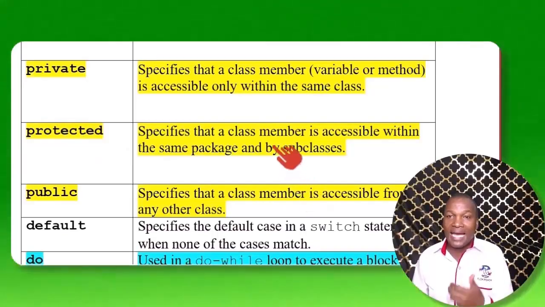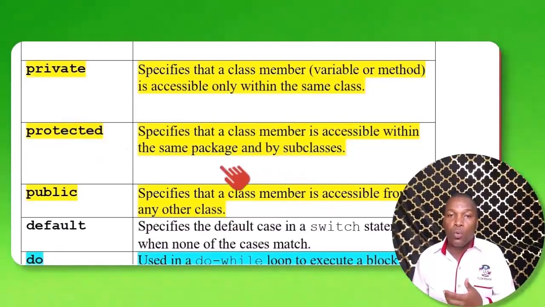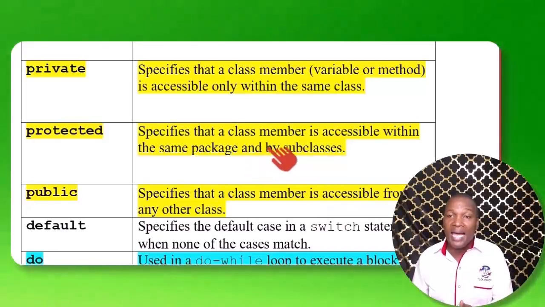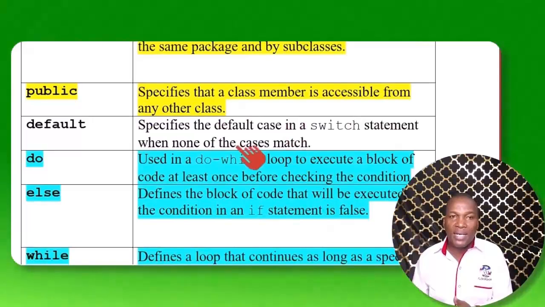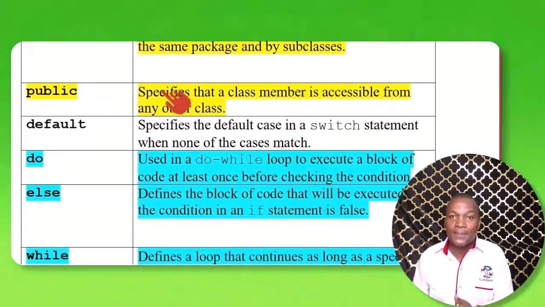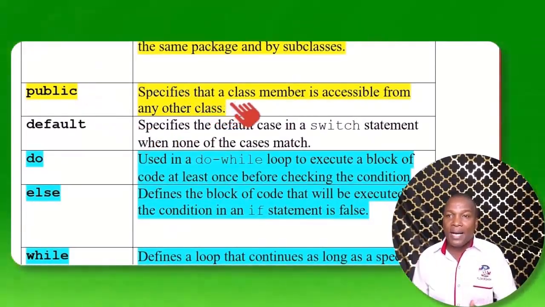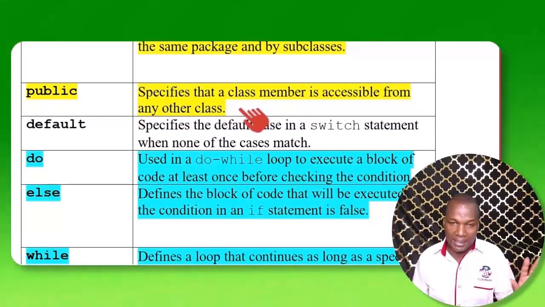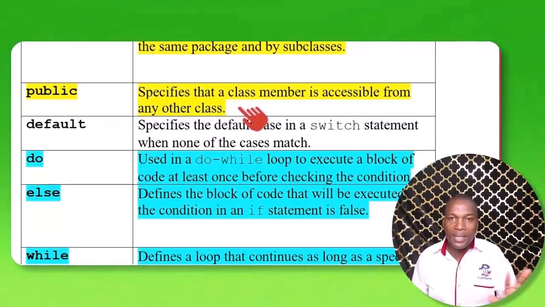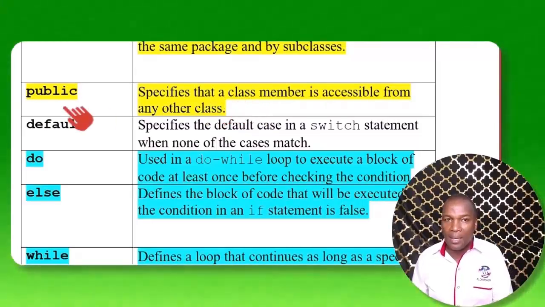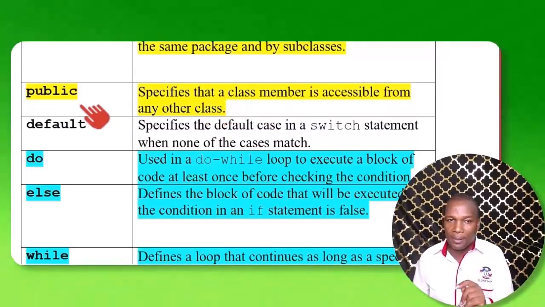Protected specifies that a class member is accessible within the same package and by subclasses. The next keyword is public. It specifies that a class member is accessible from any other class. So within that code, any other class can access a member which is declared as public.